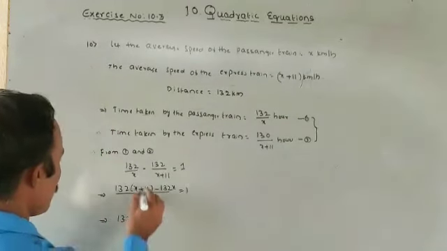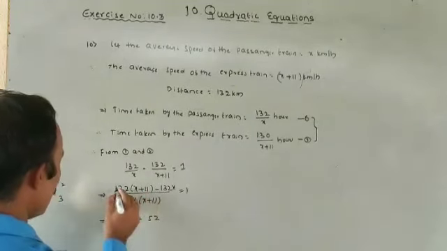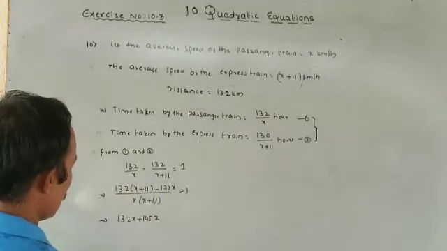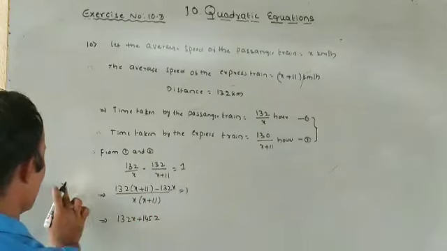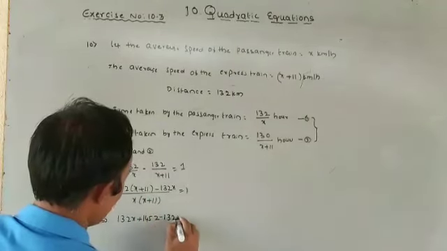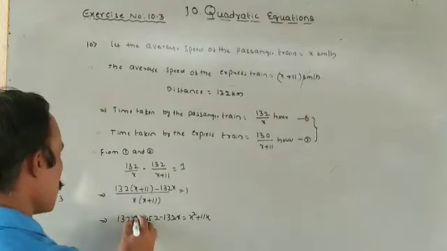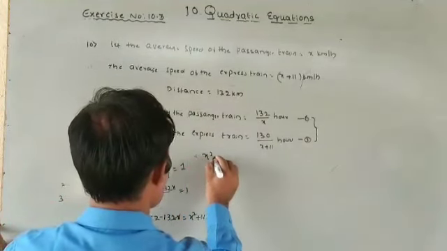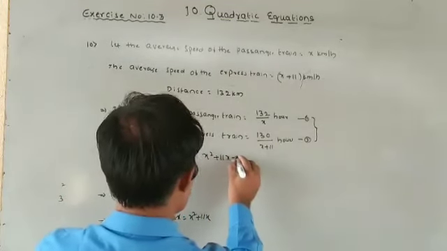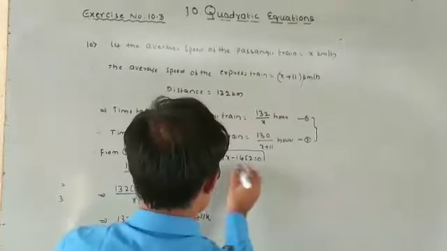Okay, next I'll write in this part. Cross multiplication: x into x plus 10 into 8. So totally 8x into x plus 10 is equal to 75 into 2x plus 10, which implies 8x square plus 80x is equal to 150x plus 750.